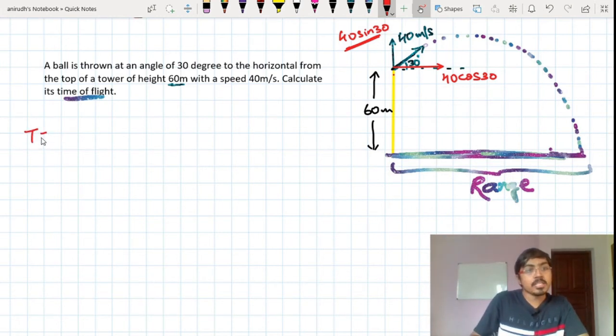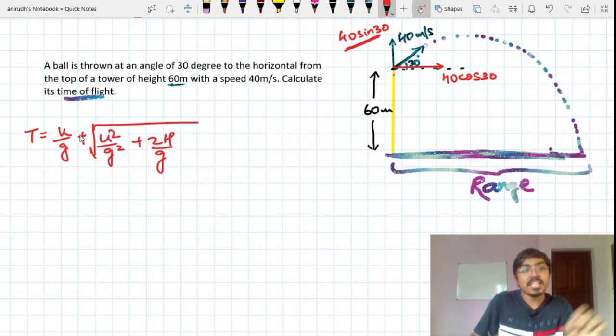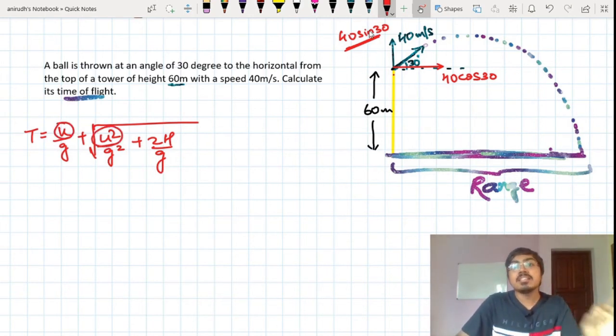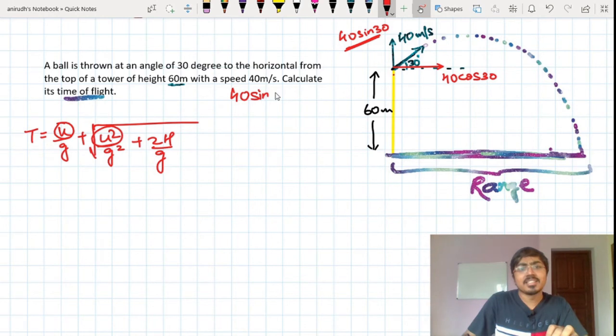So time of flight is equal to u by g plus root of u square by g square plus 2h by g. In place of u, I will be substituting 40 sin 30. That is the vertical component. Okay, so what is 40 sin 30 now? Sin 30 is 1 by 2, isn't it? So this is 20 meter per second.